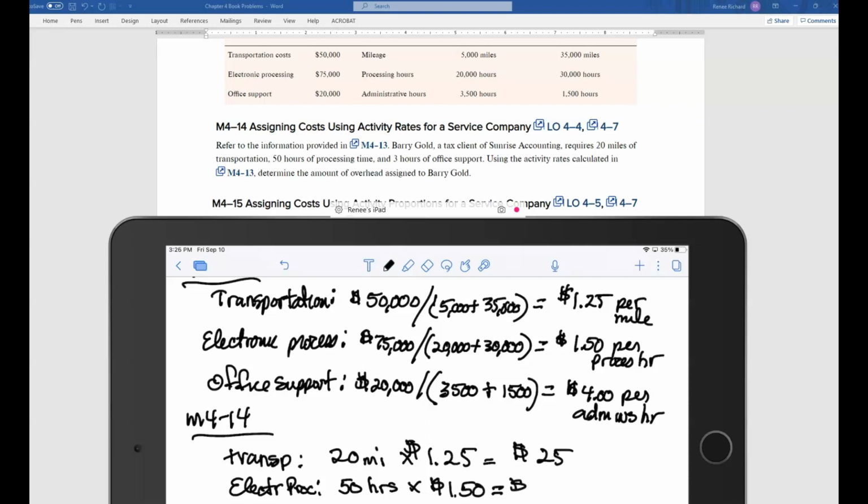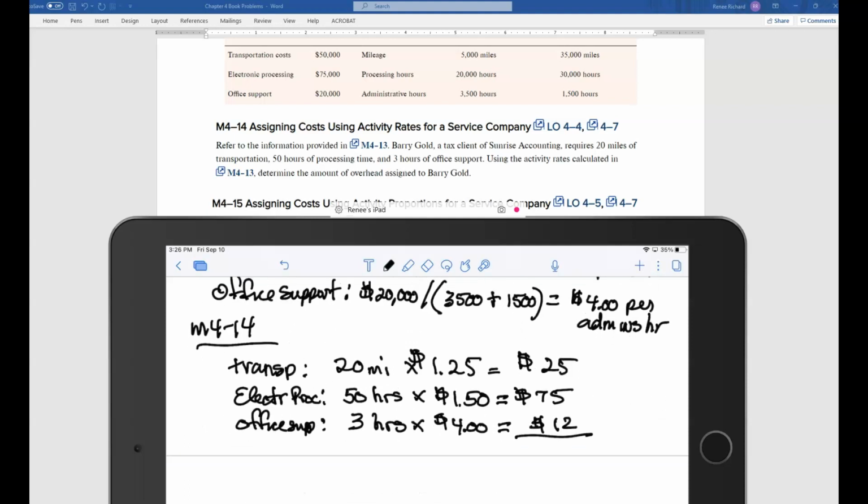That gives us $75. And office support used 3 hours of office support times $4 per hour. And that would be $12. For a total overhead cost assigned of $112.